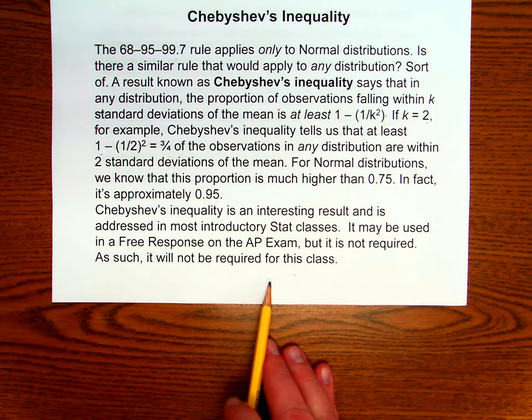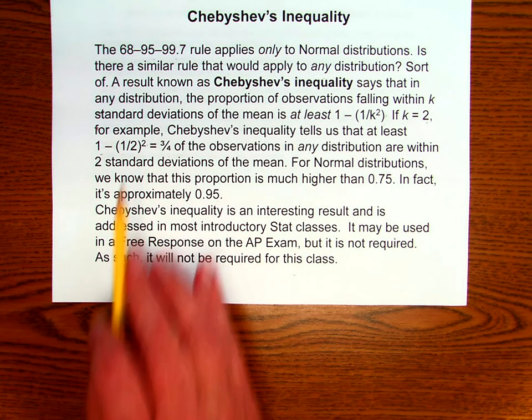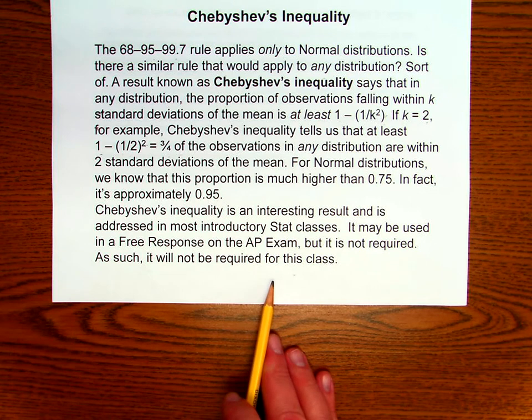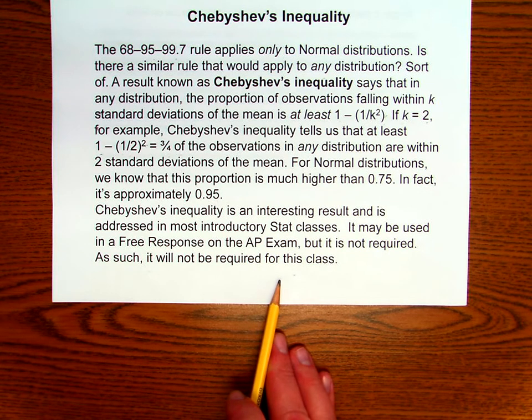But you wouldn't have to know it by name. You wouldn't have to have the formula memorized. If given the formula with the name, you'd be expected to be able to use it, for example, like we did here. But it's not anything that is going to be stressed. It is stressed, though, in many introductory statistics classes, just not the one that we're in right now.